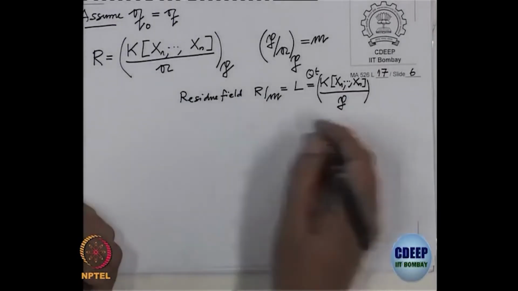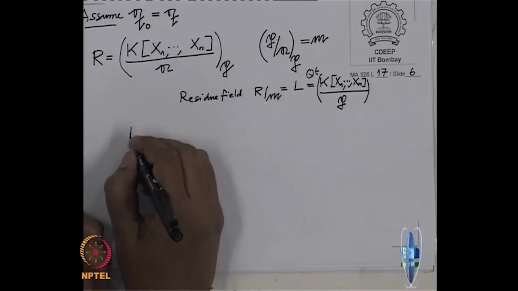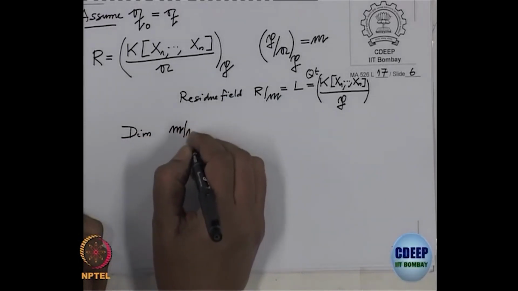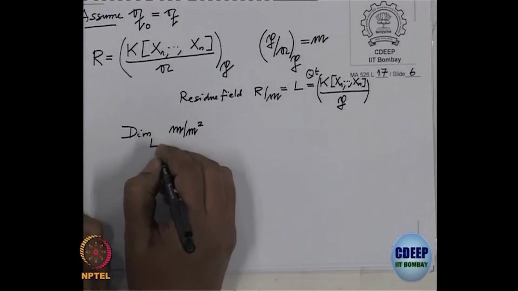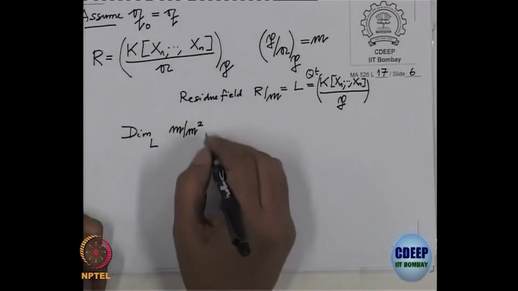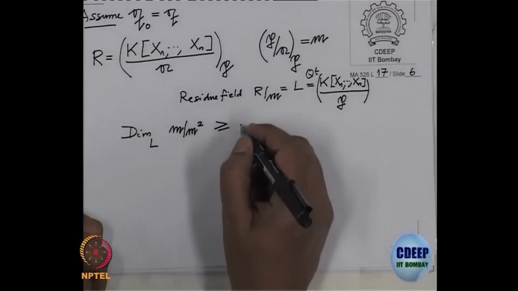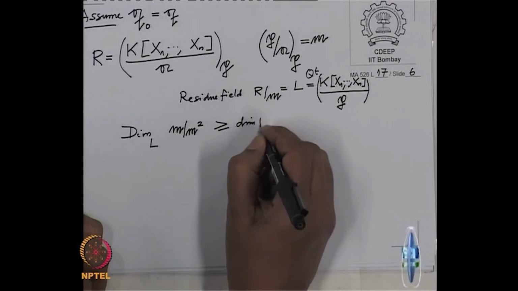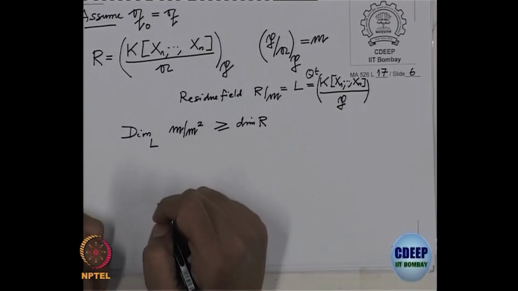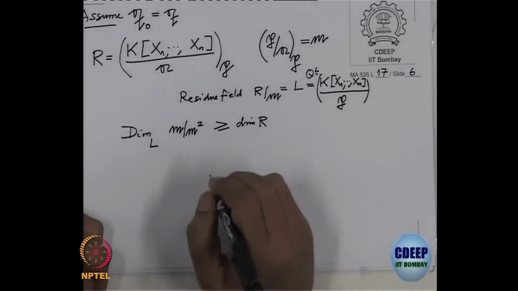So what we know always is that the dimension of M by M square as a vector space over L is the embedding dimension of R. This is always bigger than or equal to the dimension of R. And we are debating when the equality will hold. So equality here holds if and only if R is regular.